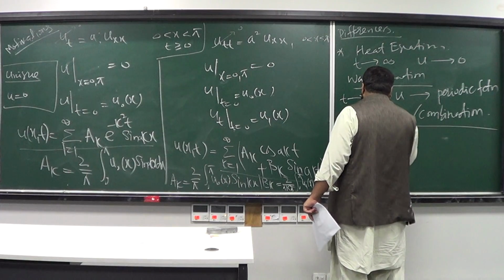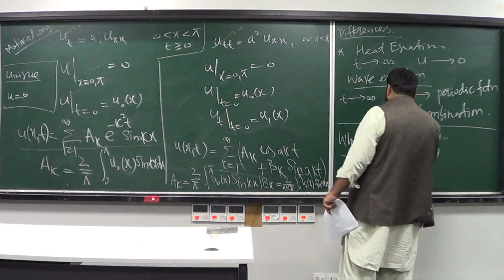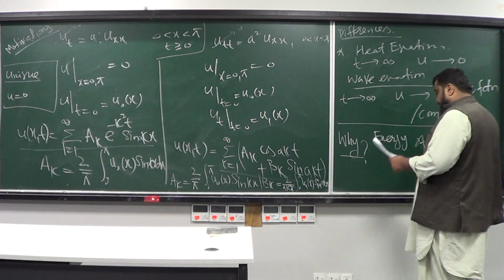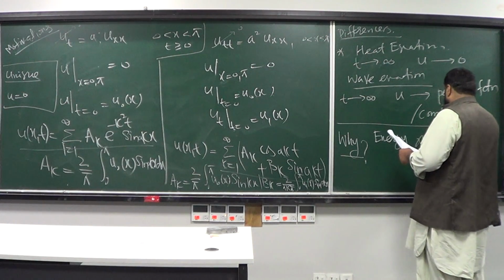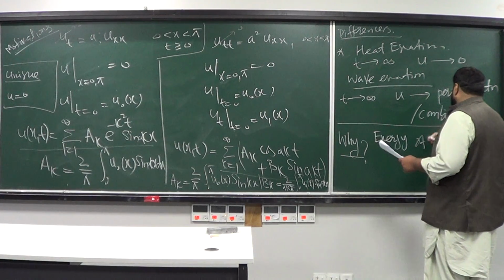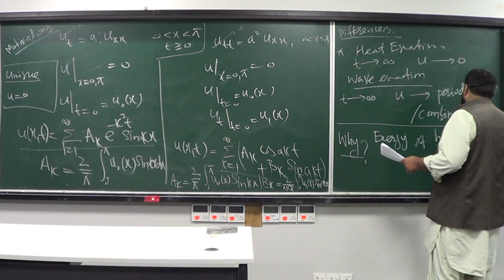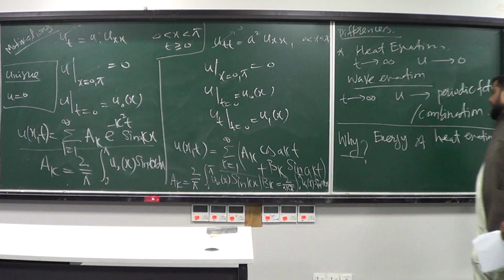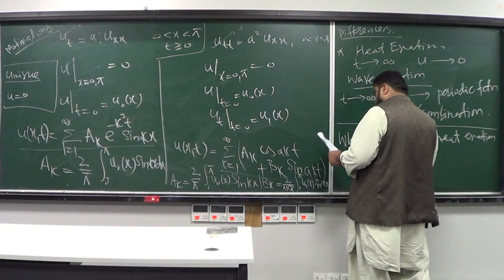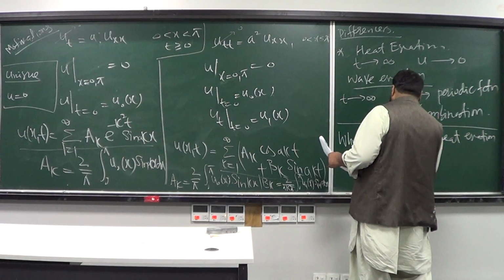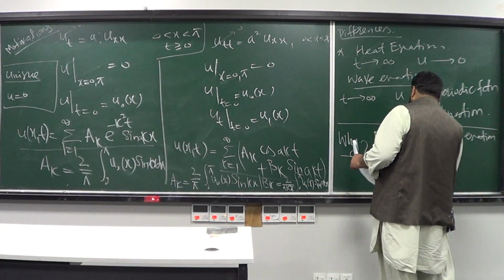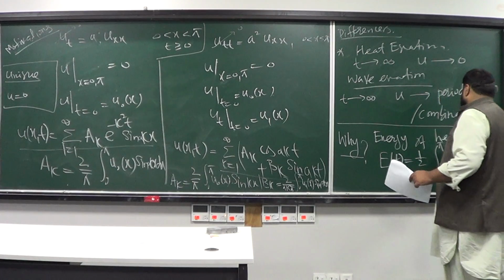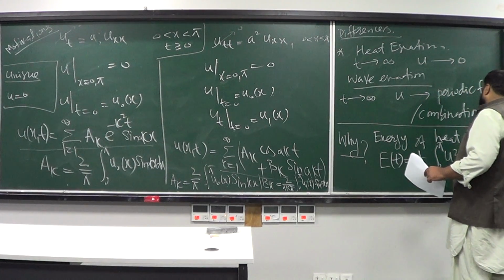So I hope you remember, what is the energy of the heat equation? The energy of the heat equation goes like this: 1 over 2, integral from 0 to pi, of u square dx.